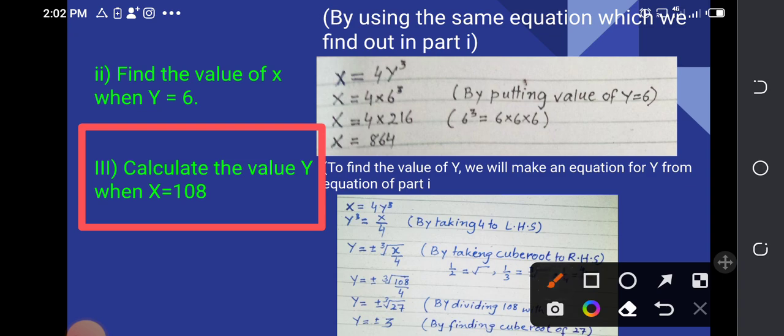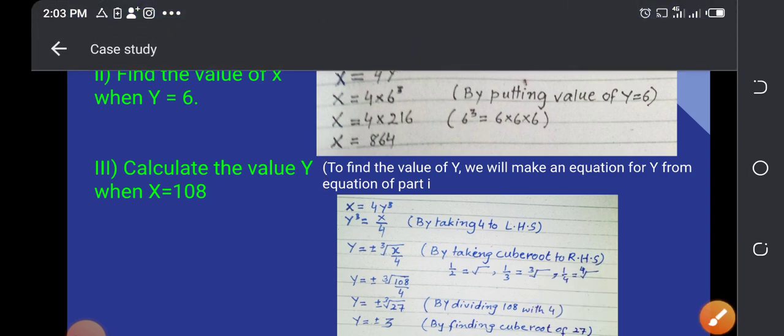Here they have given us the value of x, which is 108, and we have to find the value of y. But before this, we will make an equation to find the value of y.